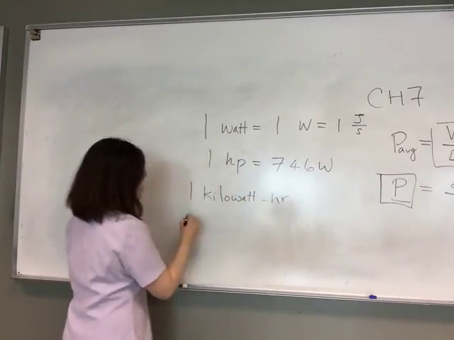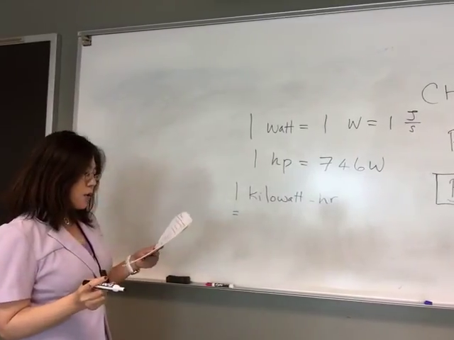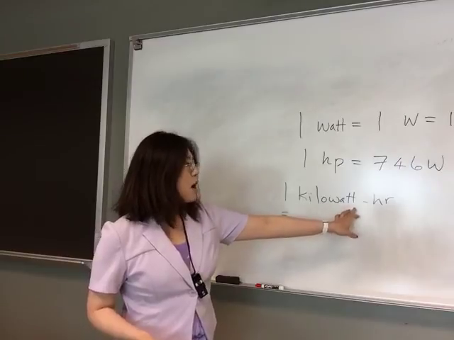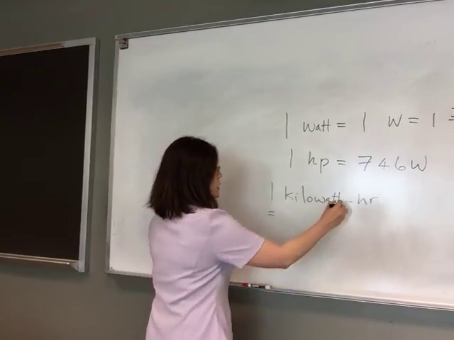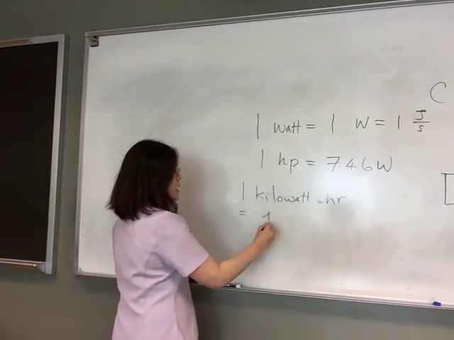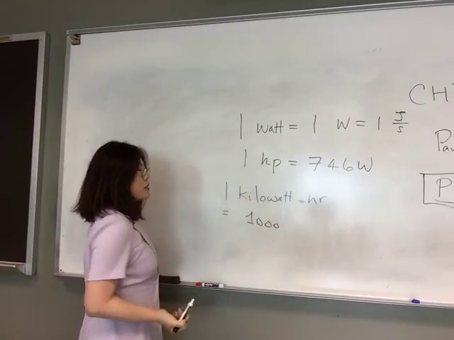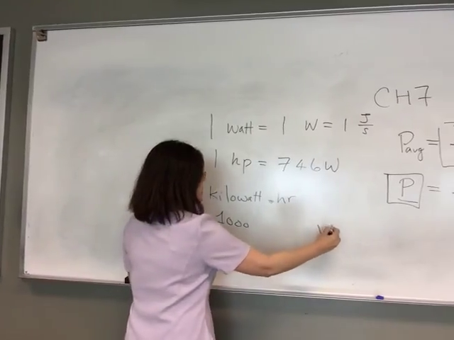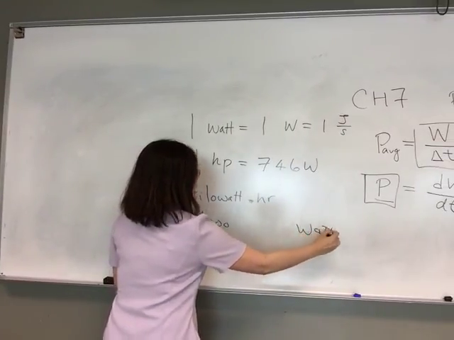Okay, so we can quickly calculate how much a kilowatt hour is. What does that give us? 1 kilowatt times hour. So kilo is 1,000, right? So we change the kilowatts to watts. So you have 1,000 watts, and then times the hour.